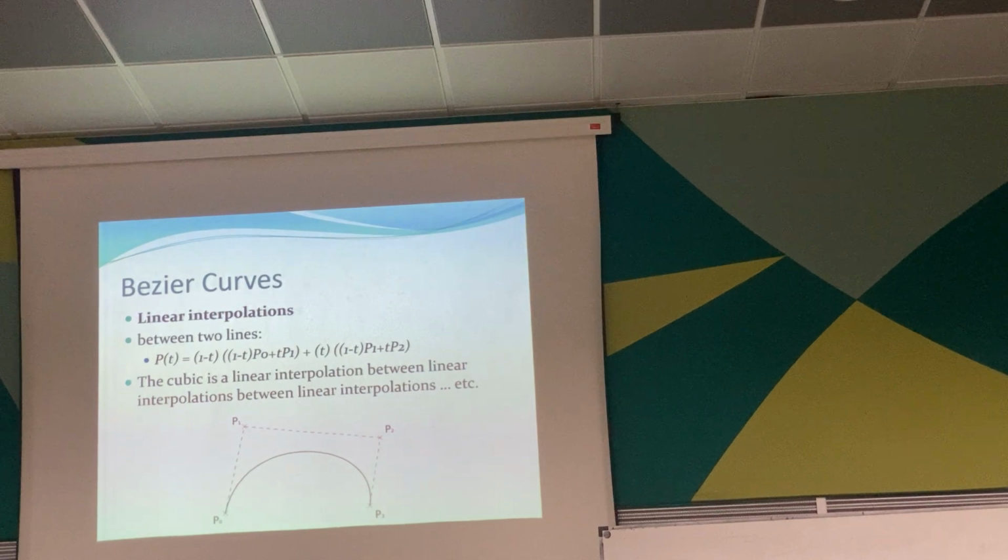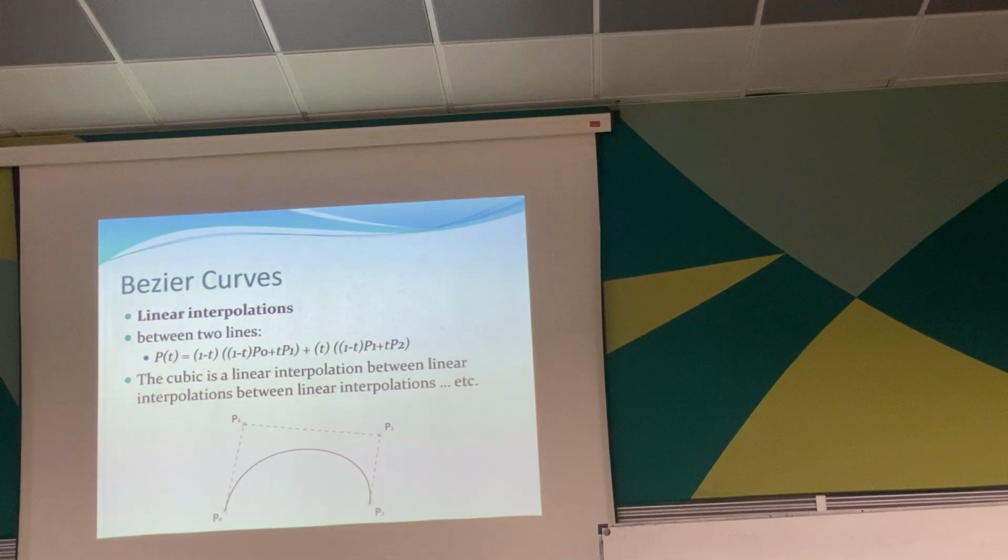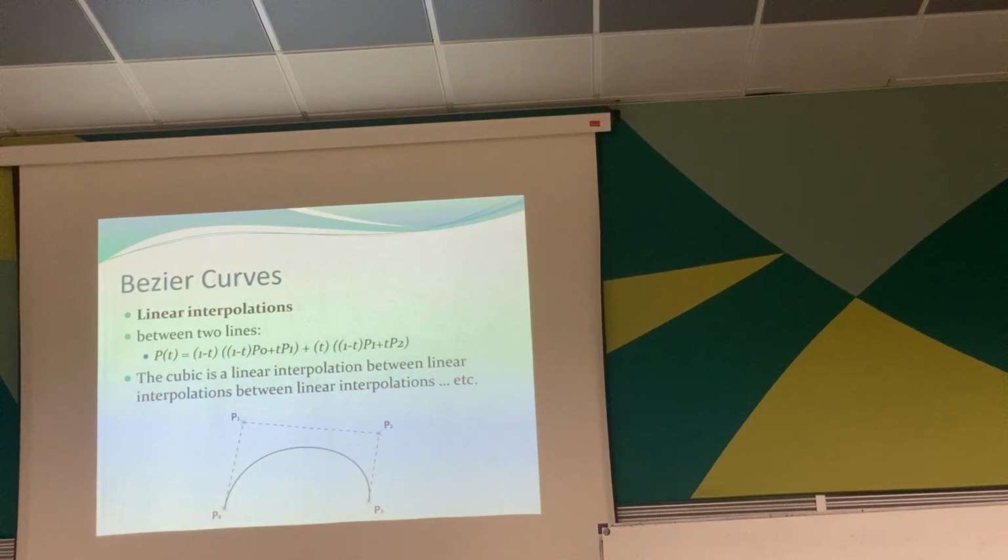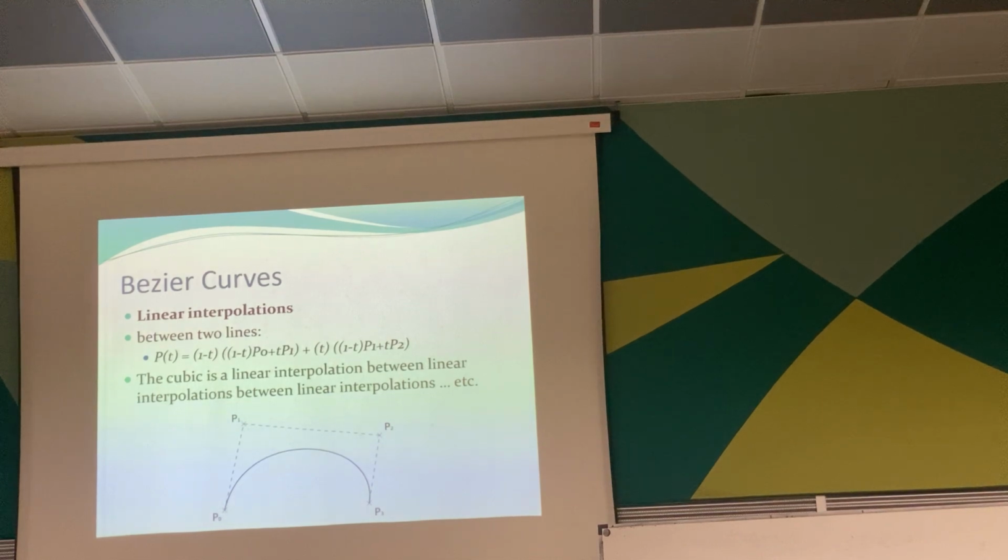So the cubic is a linear interpolation between linear interpolations. One more, between linear interpolations, because order of 3 means 3 linear interpolations. That's cubic. If order of 1, there is only 1 linear interpolation, only 2 points. With 3 points, you get 2 linear interpolations, order of 2.